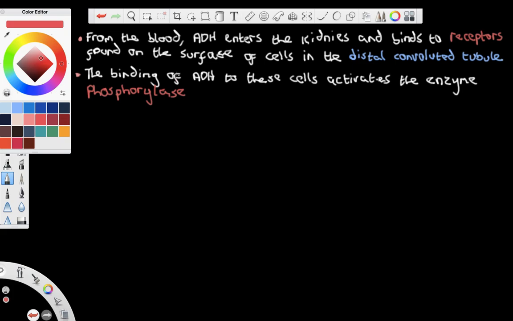Okay? Now, phosphorylase causes vesicles containing something known as aquaporins to bind with the membrane.